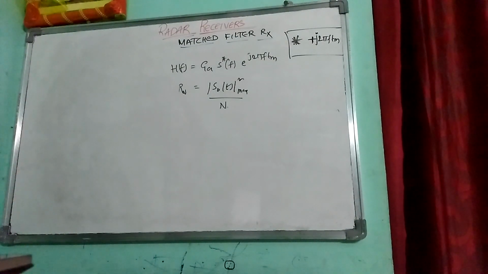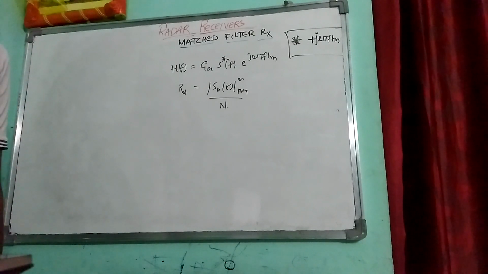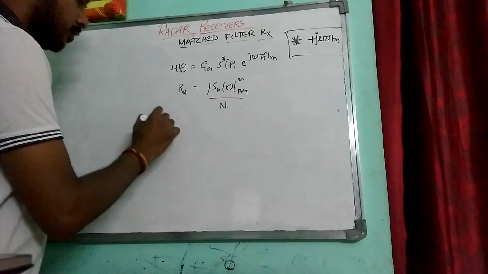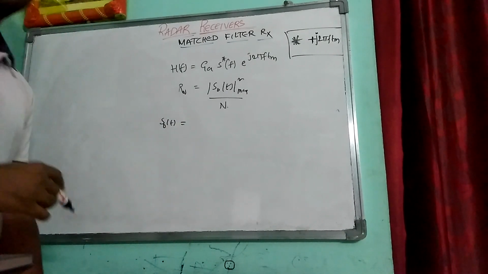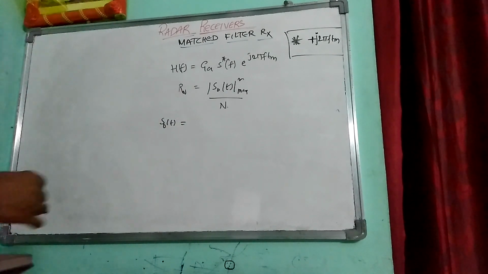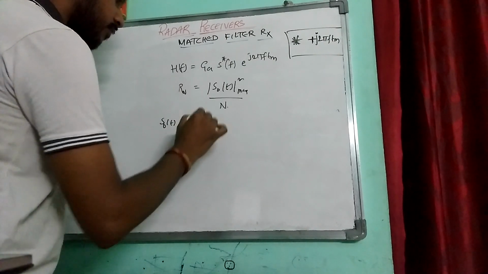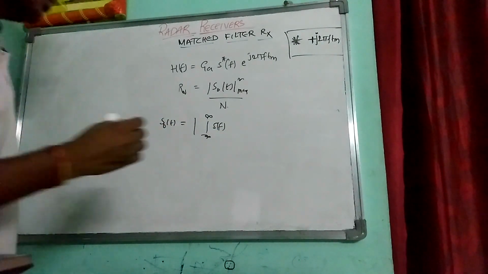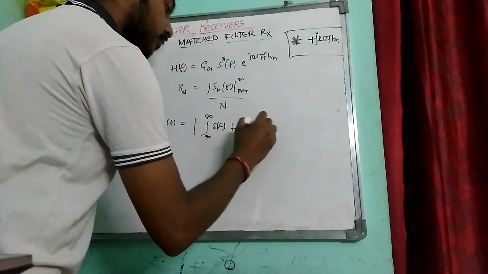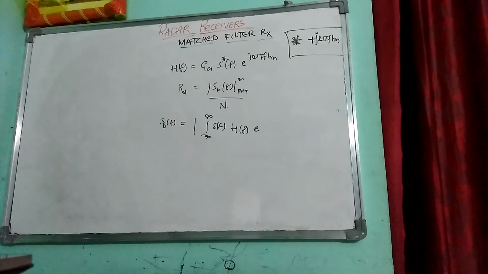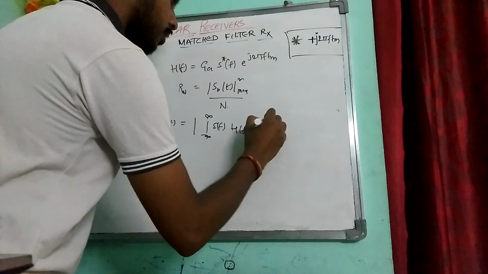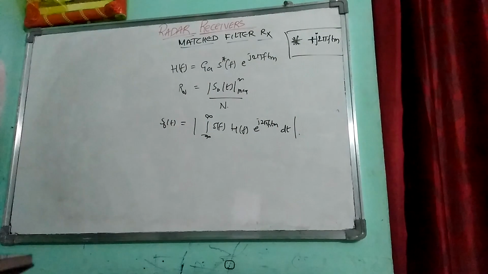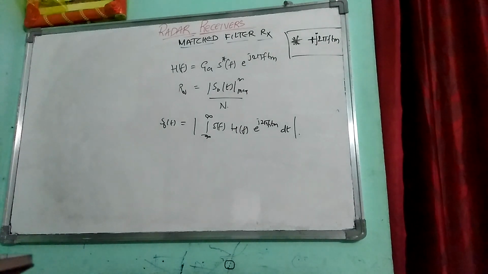From this we know S naught of t is the maximum of the output signal, whereas N is the mean square noise power. Now how will you define S naught of t here? That is the modulus of the integral from minus infinity to infinity of the frequency spectrum H of f S of f e power j 2 pi f t df.